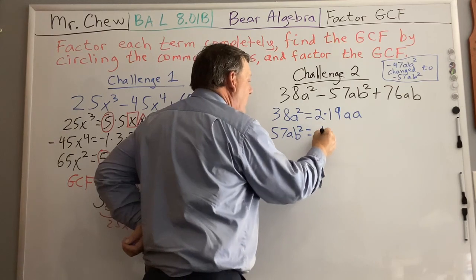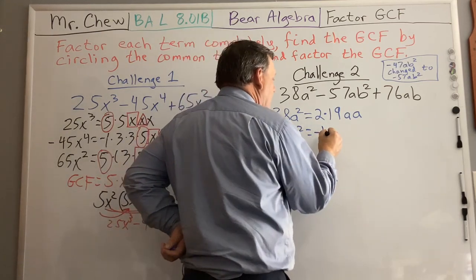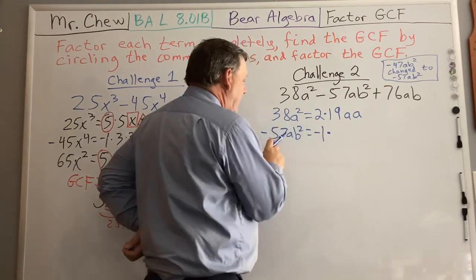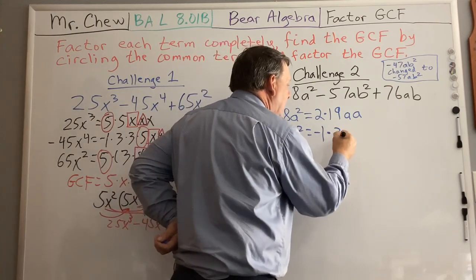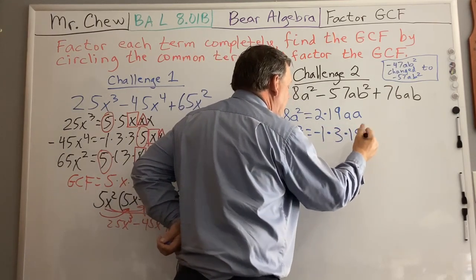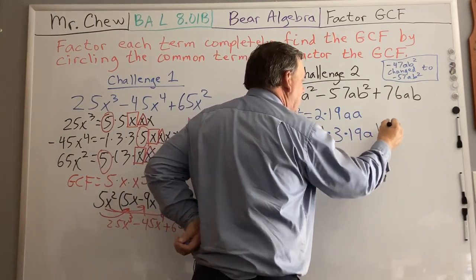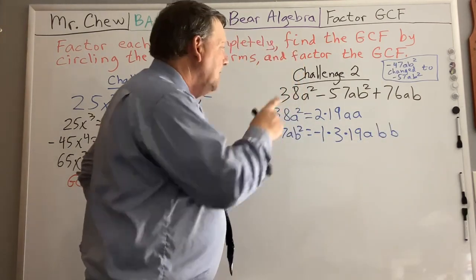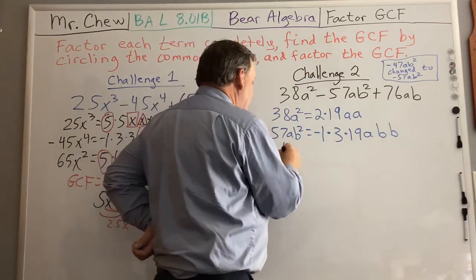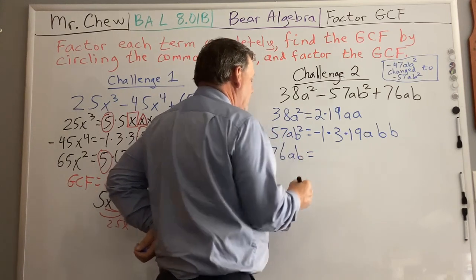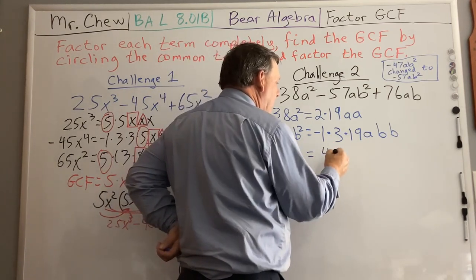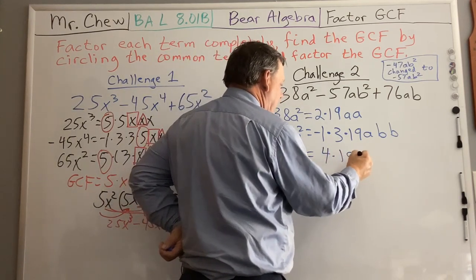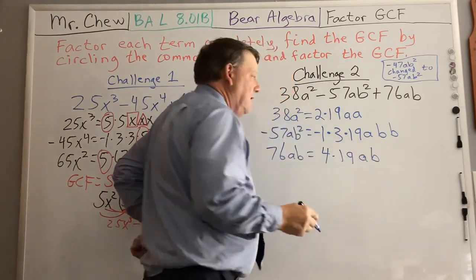I have to do negative 1 first. Then I do 3 times 19 A, B, B. And then I do my 76AB, which is 4 times 19AB.